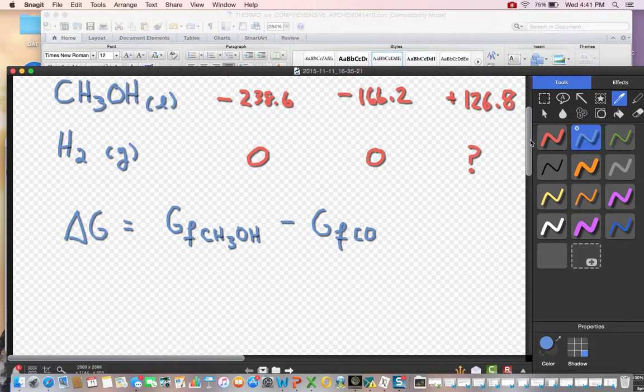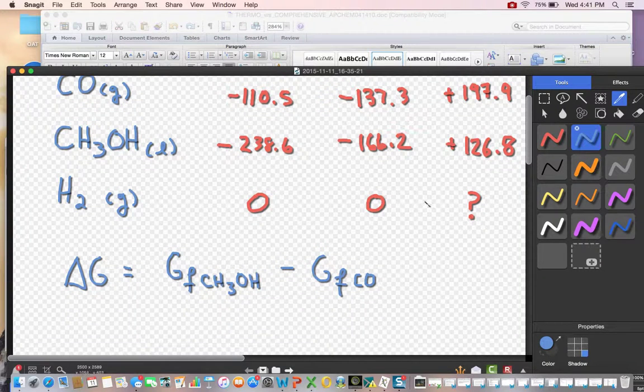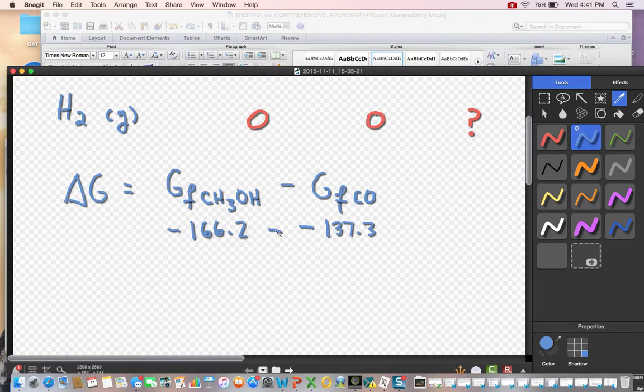Plugging in some values now, I find that I'm going to have negative 166.2 minus a negative 137.3. Negative times a negative, of course, is a positive.